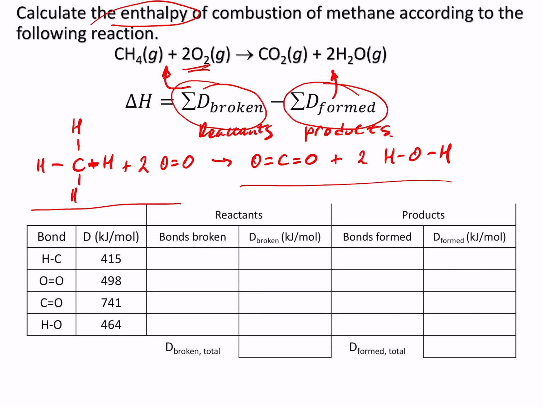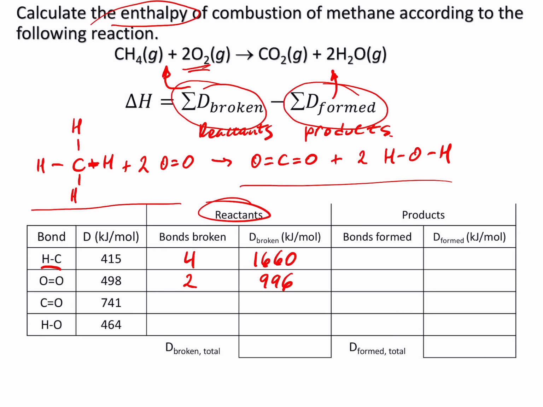We look at the reactants first, and on the reactant side you have 4 carbon-hydrogen bonds. So the total energy of those bonds that you're breaking is 1660. What else do you have on the reactant side? You have 2 oxygen-oxygen double bonds, and breaking those 2 bonds requires 996 kilojoules.